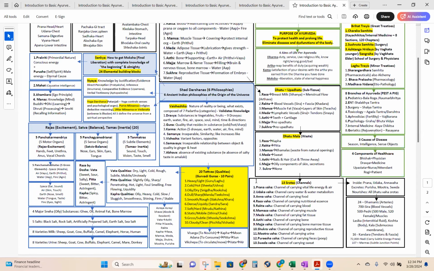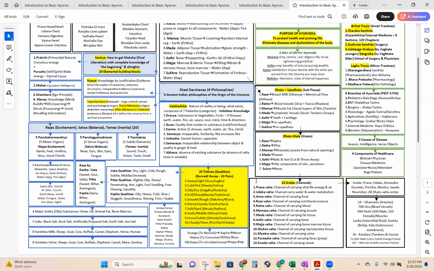So to memorize these, for vata, sweet, sour, and salty, I just remember it as SSS. For pitta, sweet, bitter, and astringent, I remember it as BAS: the B for bitter, the A for astringent, and then the S for sweet.